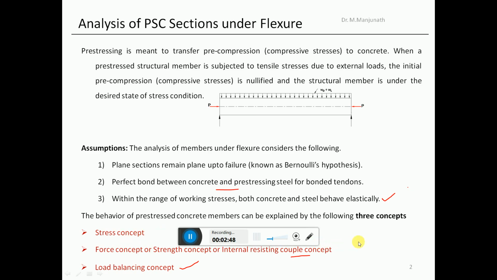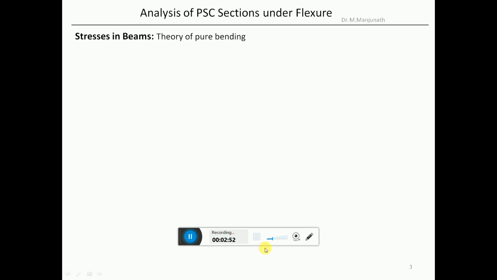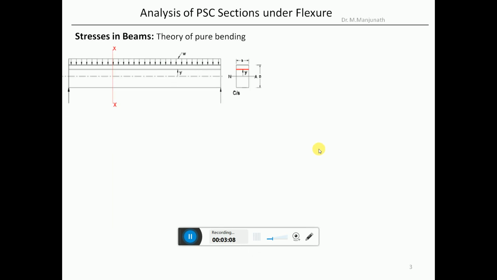Before we take up the stress concept, we shall recollect what we have discussed in stresses in beams in the subject strength of materials, to determine the stresses in a beam using the theory of pure bending.